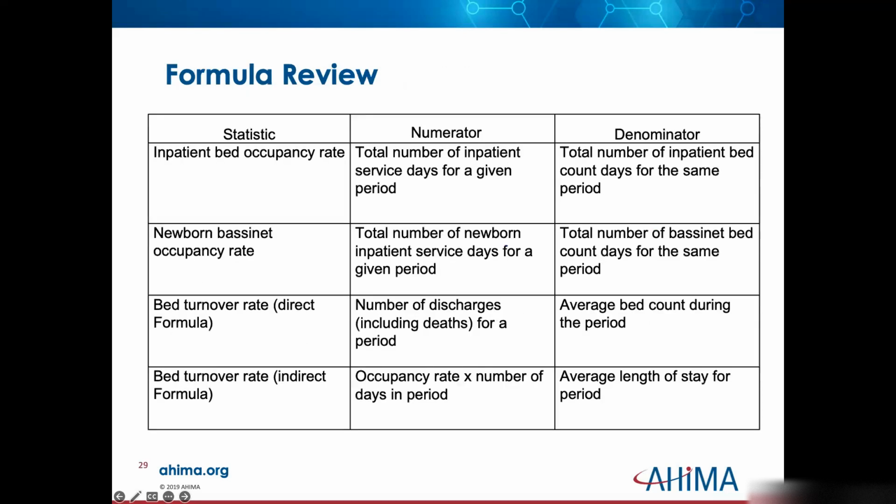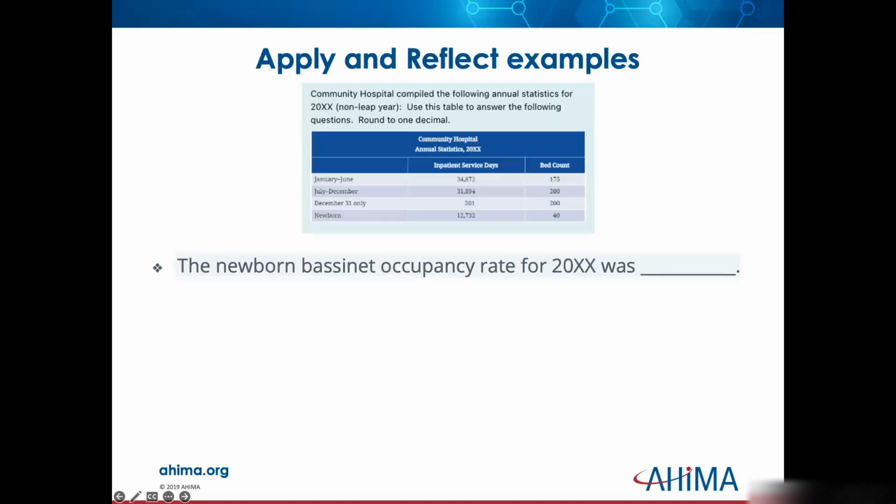Your formula page has inpatient bed occupancy, newborn bassinet occupancy, and bed turnover, indirect as well as direct. For your apply and reflection, you'll need to keep the formulas near you.